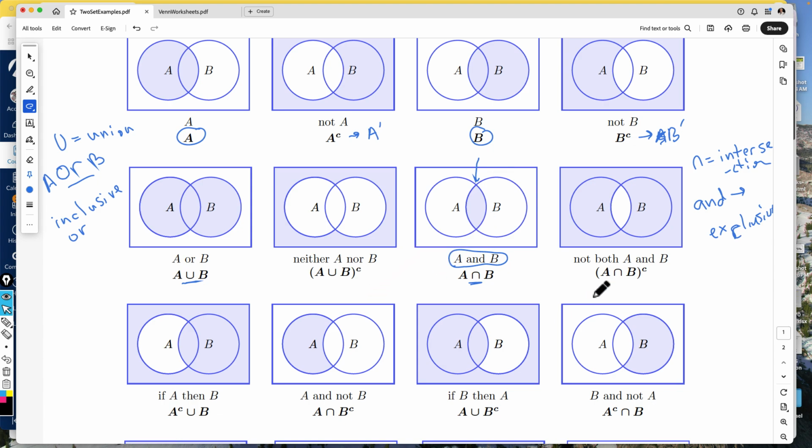Okay. And again, you can have complements. So you can have the complement of the intersection, and notice the intersection is the only thing that's not shaded. Again, you may also see this as A intersect B with a prime, which means not. So watch for that. The not is sort of the negative, right?